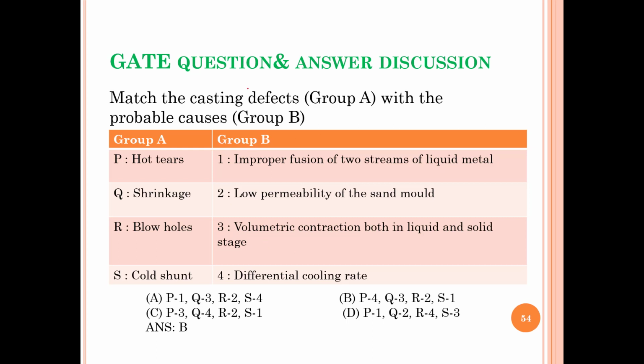So here hot tears is due to the differential cooling rate. Then shrinkage is the volumetric contraction. Then blowholes is due to low permeability of sand. And the cold shut is for improper fusing of two streams of liquid metal. So B is the answer here.